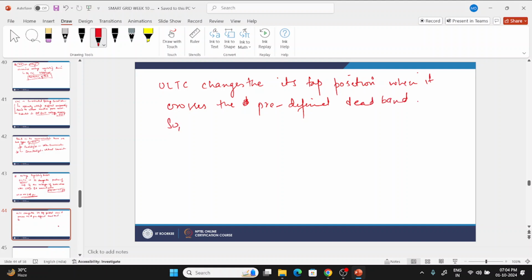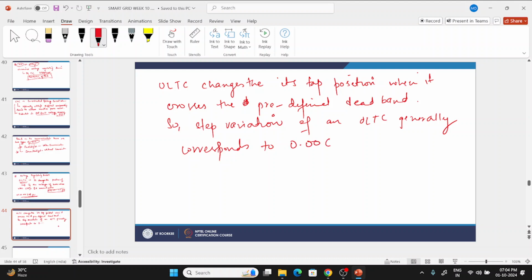So step variation of an OLTC generally corresponds to 0.00625 per unit change in voltage. Okay.